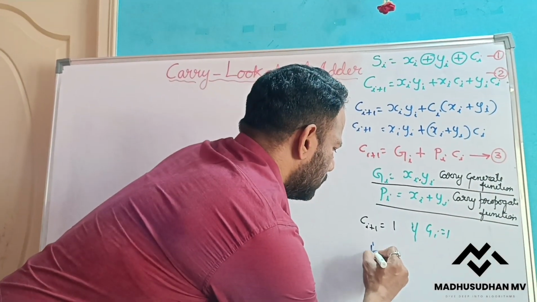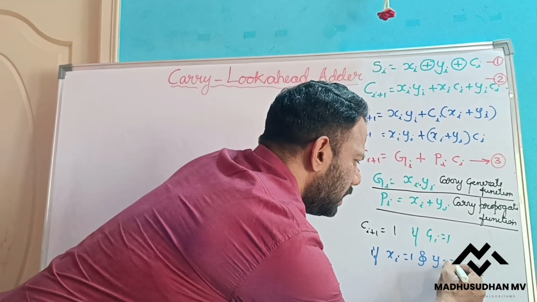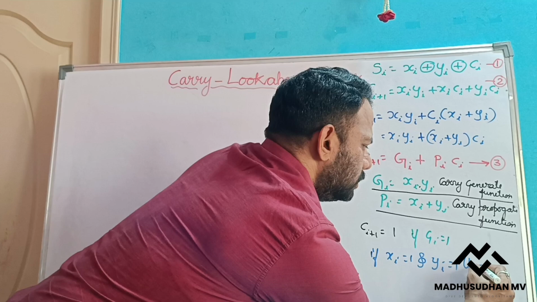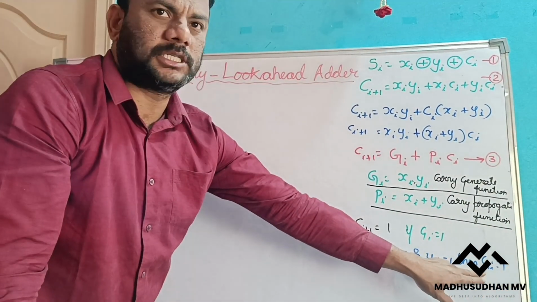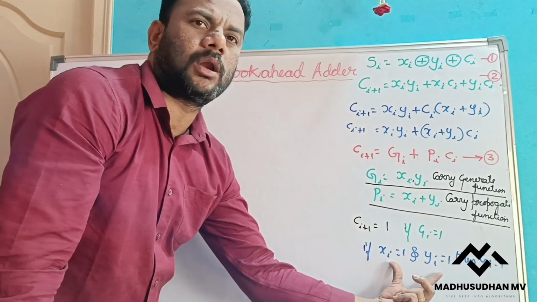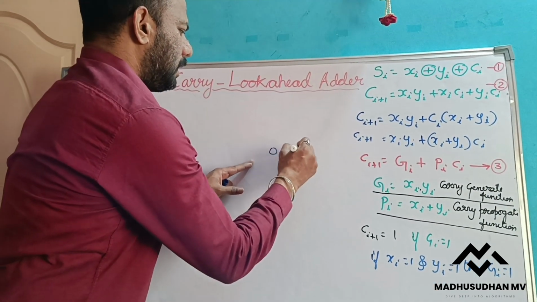If xi is equal to 1 and yi is equal to 1, then gi is equal to 1. That means the carry generate function becomes 1 when both bits are 1, 1. Suppose I take some bits.